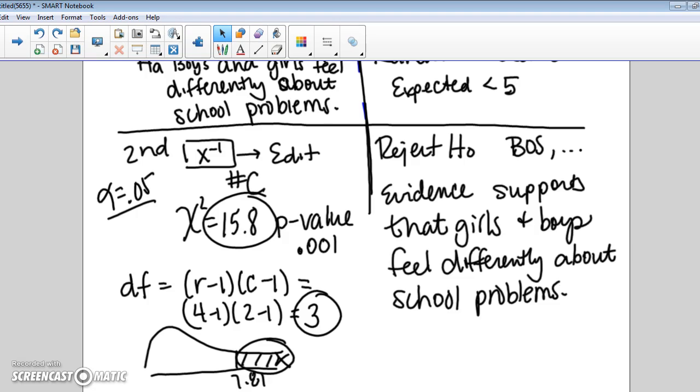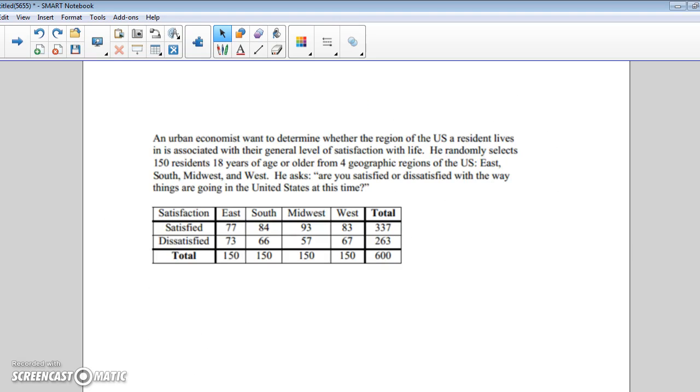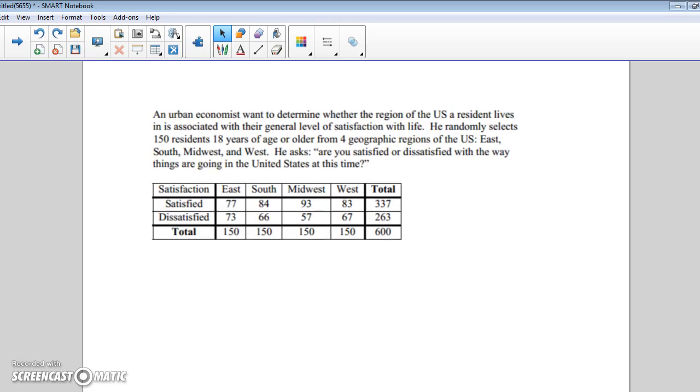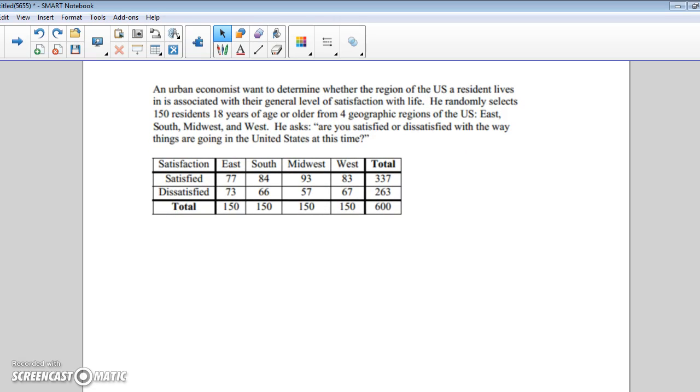I'm going to turn the page to the other problem. So everything else is the same. So this problem has an urban economist wants to determine whether the region of the U.S. resident lives is associated with their general level of satisfaction. He selects 150 residents, 18 from regions, and says, are you satisfied or dissatisfied with things that are going in the United States?